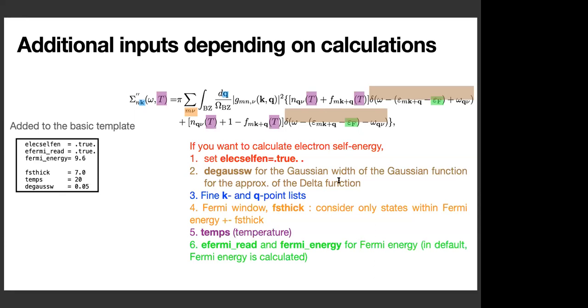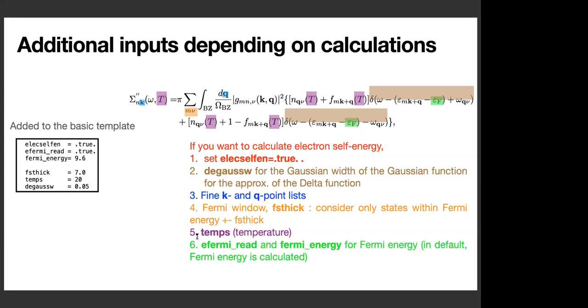And lastly, as you can see in the expression, this expression includes the Fermi level, and usually the Fermi energy is calculated internally in EPW, but in other cases, you can specify the Fermi energy explicitly.